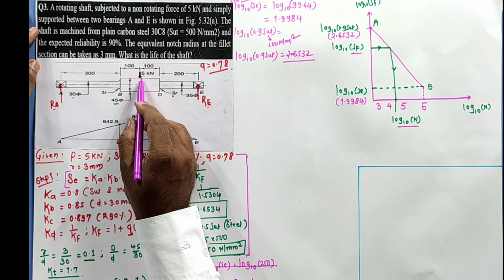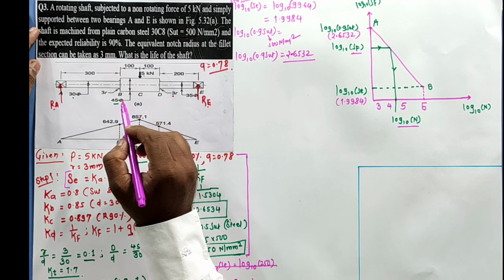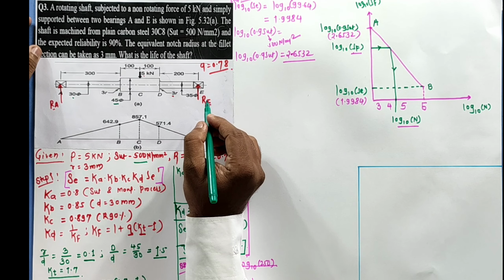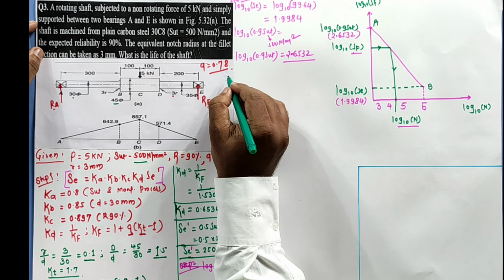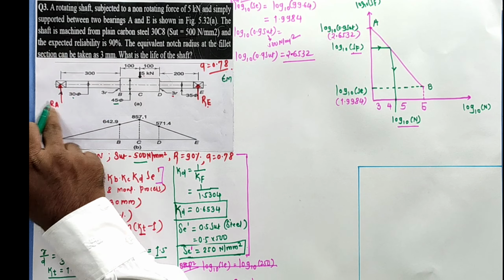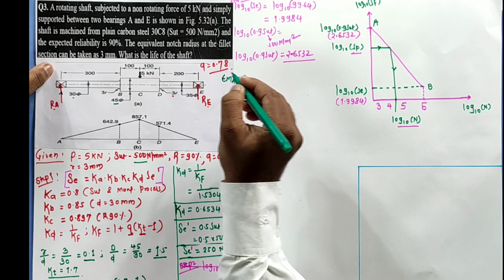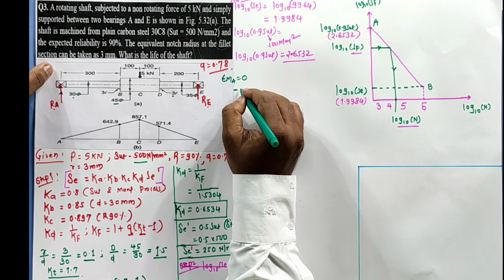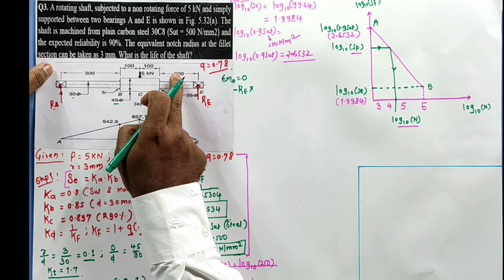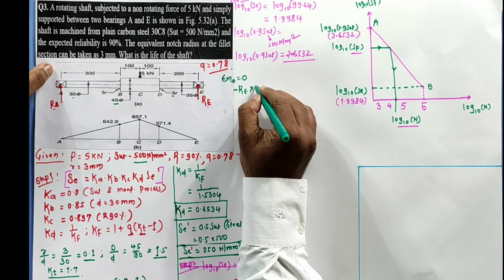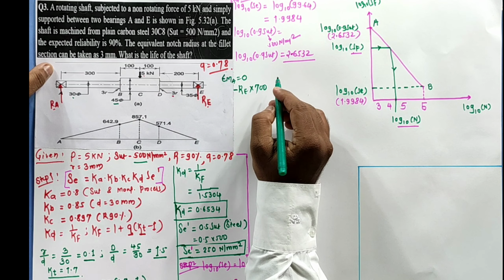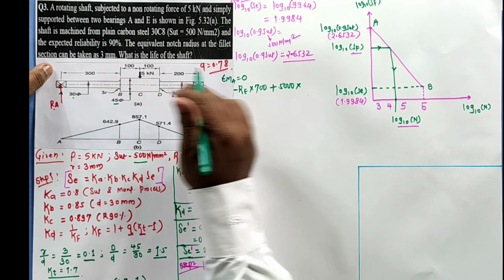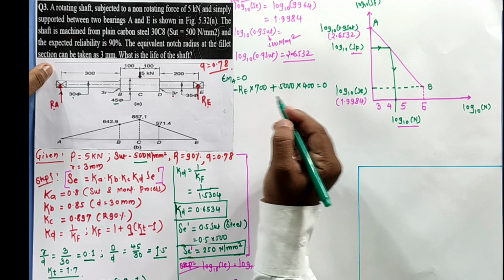See, the load is acting here, 5 kilonewton, and the bearings are having reactions. So from my side I will have to develop the equation for the reaction. By taking moment with respect to A equal to 0, my reaction will be minus, I'll keep minus for the upward, RE into 200, 400, 700, correct, plus 5000 moving downward into 100 plus 300, 400, which is equal to 0.